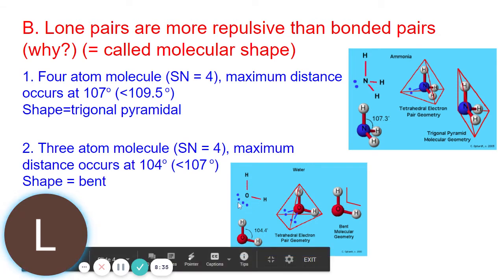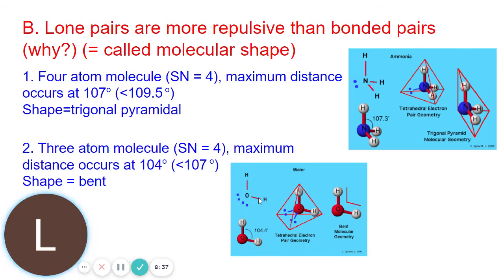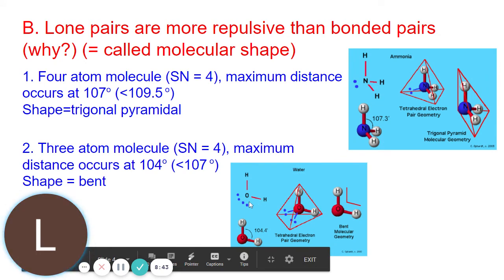The lone pairs matter because they're making the bonds into a specific shape, but the bonds are the shape that we're talking about. So electron pair geometry for water is tetrahedral, but the shape is bent. And that's what we see here: this bent shape with the oxygen as the point in our bent, and then the 2 hydrogens coming off. Again, it still has a tetrahedral electron pair geometry, but it has a bent shape. We also call that molecular geometry.